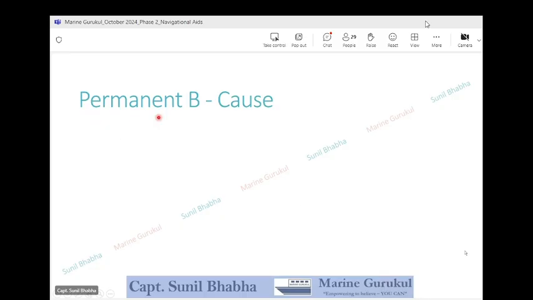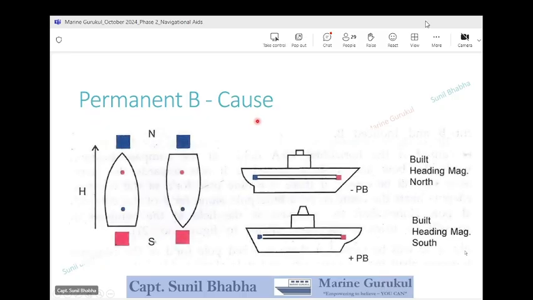Let's now see the cause of permanent B on a ship. Now we are aware, concentrate your attention on the first diagram on the left hand side, where the laser pointer is right now. Let's assume that this ship is being built in the yard on a northerly heading.